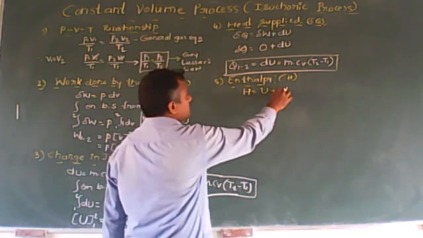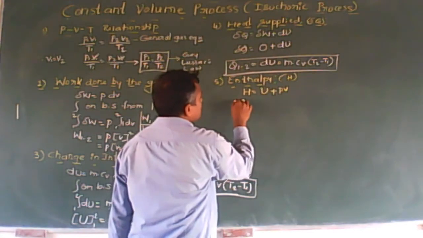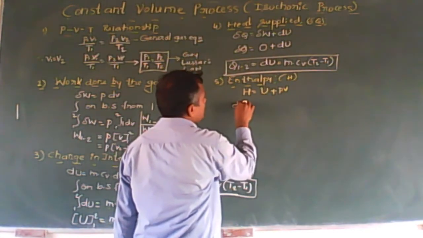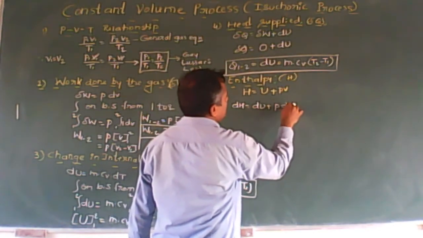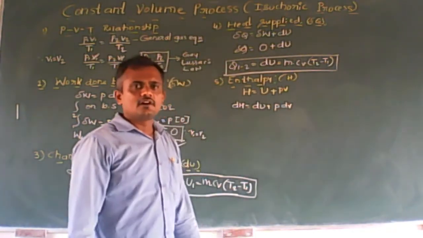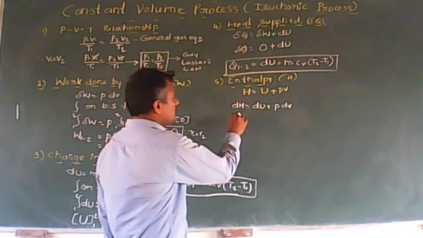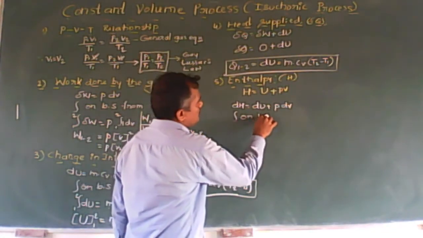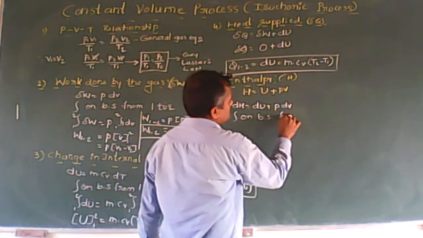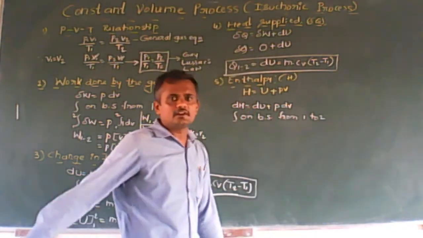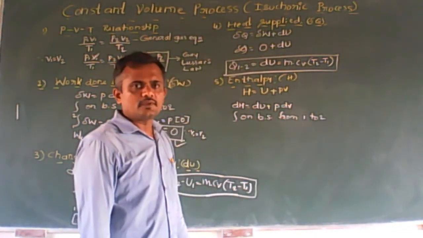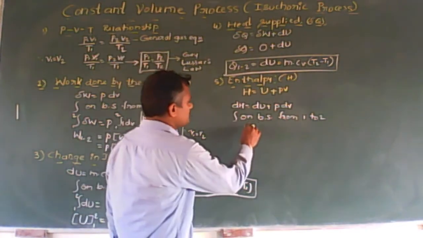So I can write dH is equal to dU plus P into dV. I want to integrate, so integrate on both sides from 1 to 2 process. What am I getting?